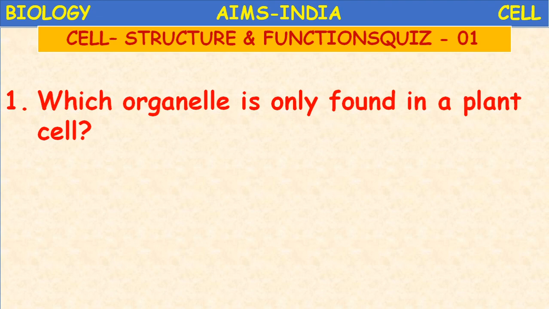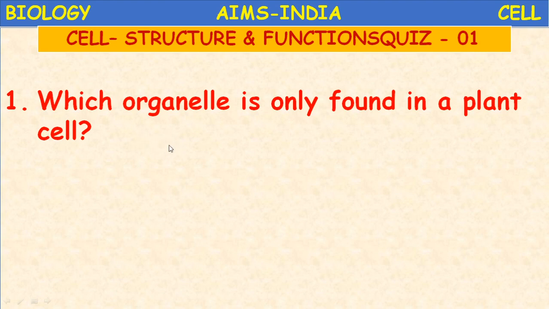If you understand the structure of the cell, then you can understand the functions. To study the structure, whatever we are studying is the electron microscopic view, not the ordinary microscopic view. The cell itself is the smallest unit of living organisms, so the organelles inside the cell are very, very small, nano structures.